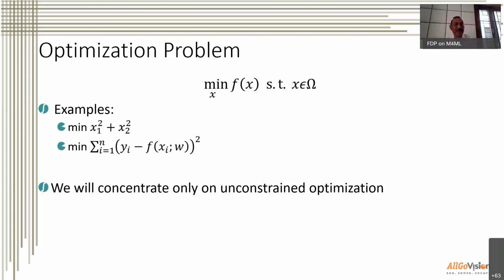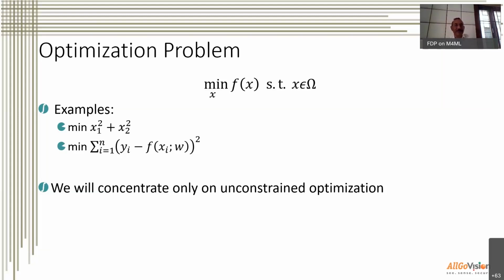Examples could be, let's say, minimize x1 squared plus x2 squared, which is a two-variable problem. And the other one, which occurs in the deep learning scenario, is to minimize the sum over i equal to 1 to n of (yi minus f(xi; w)), where w are the actual parameters and xi is evaluated at each of these points.